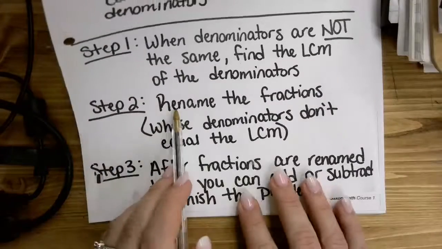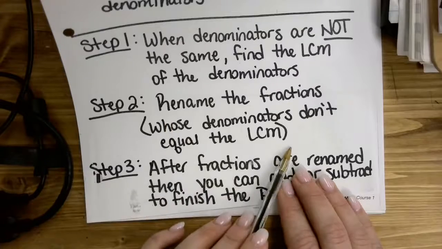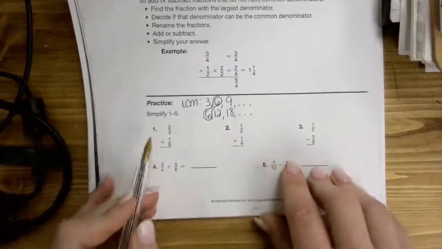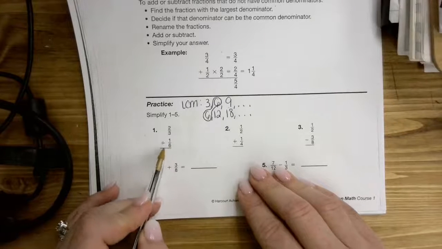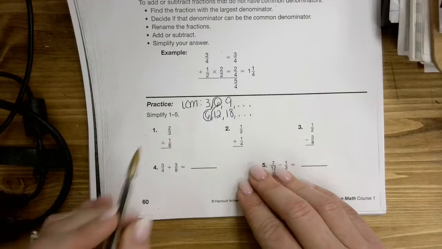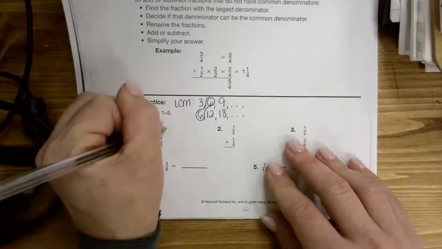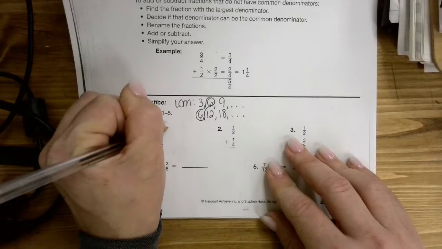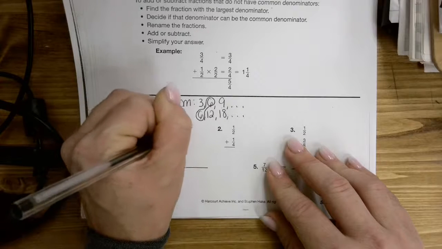Which is step 2 on this sheet. It says rename the fractions whose denominators don't equal the LCM. So we have the LCM, which is 6. We need to just leave the 1/6 how it is, but we need to change the 2/3. The way we're going to do that is I have to mentally ask myself, what times 3 gives me 6?